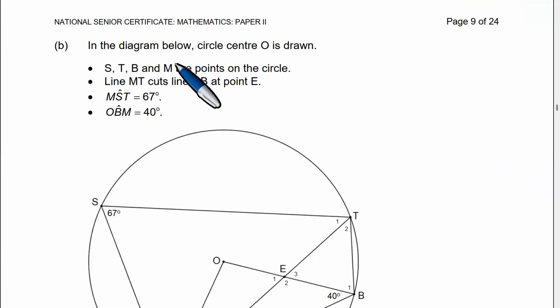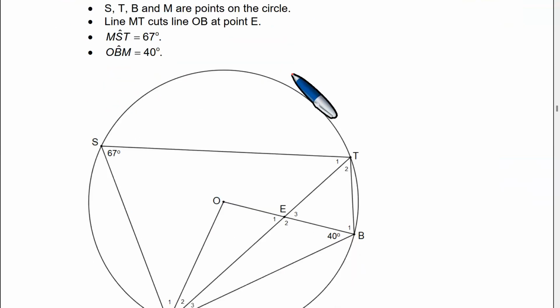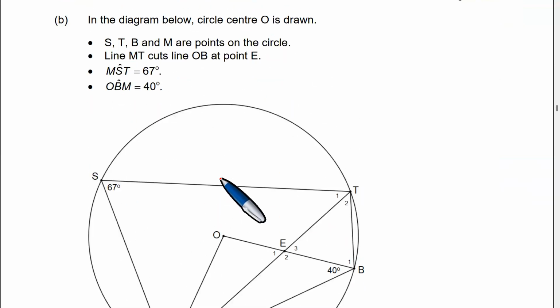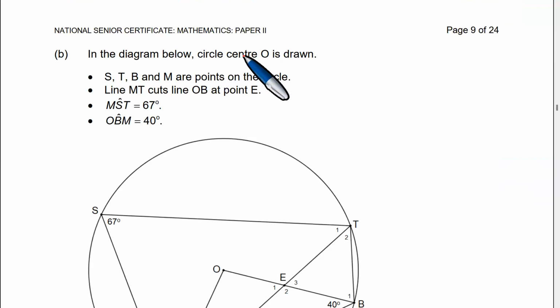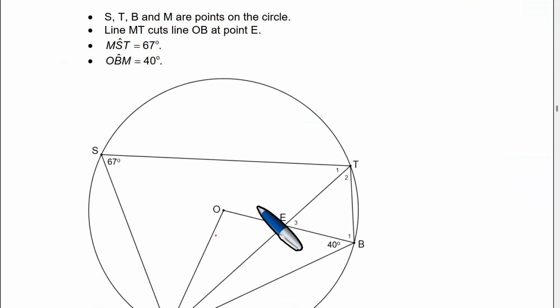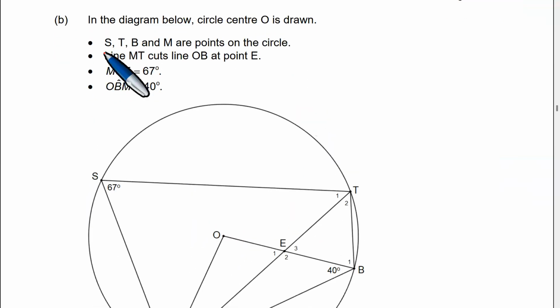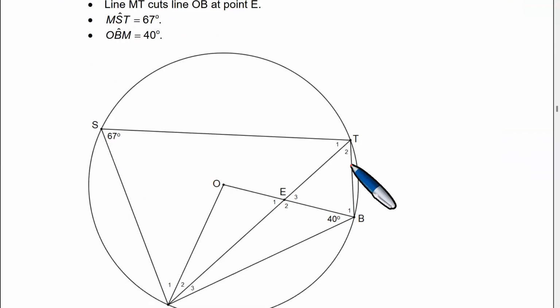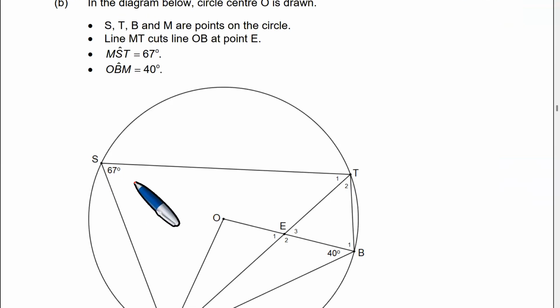In the diagram below, circle O is drawn. Once they say circle, in particular, circle center O is drawn, so O is the center. S, T, B, and M are points on the circle.